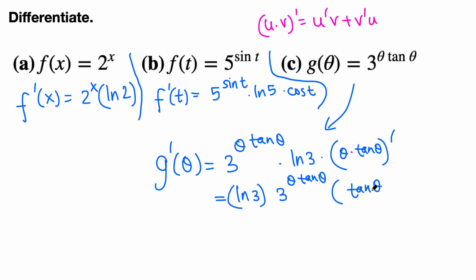Okay, 1 times tangent theta is just tangent theta, plus derivative of tangent theta is secant squared theta times u, which is theta, times theta, but I want to write that theta in the front. Okay, times theta, that's not part of secant, that's times theta here, and this is it, final.